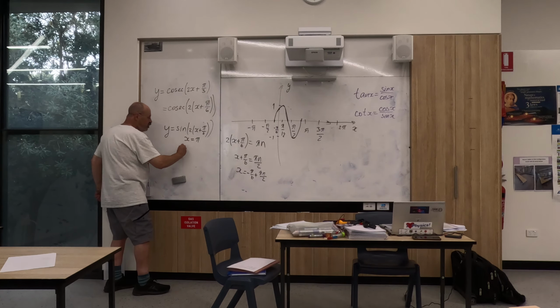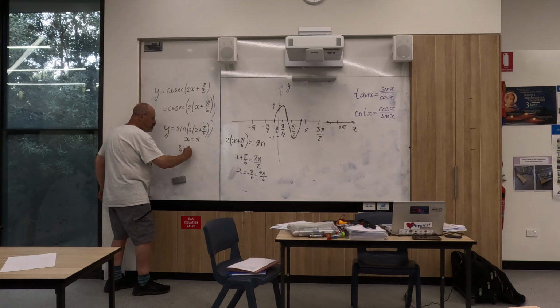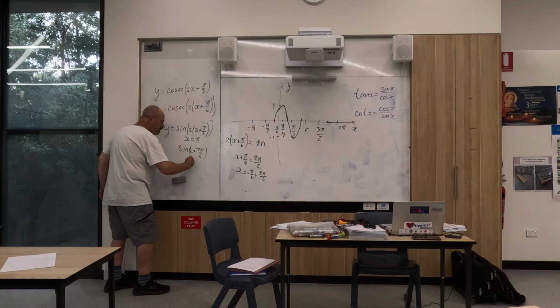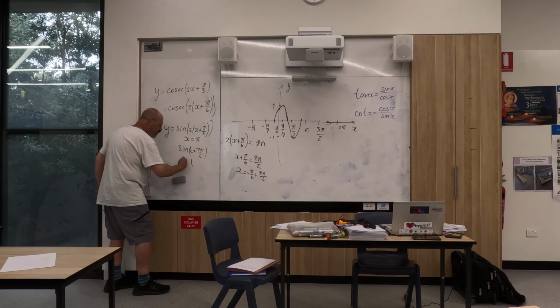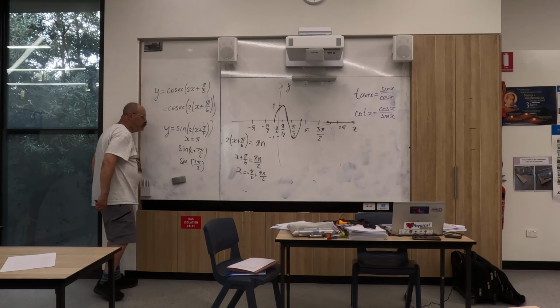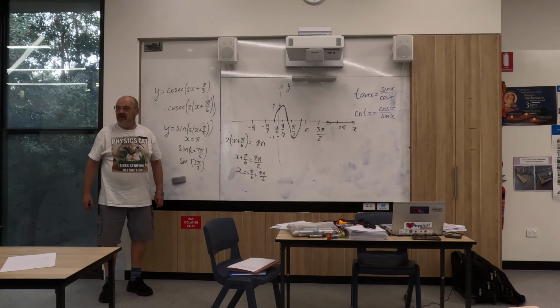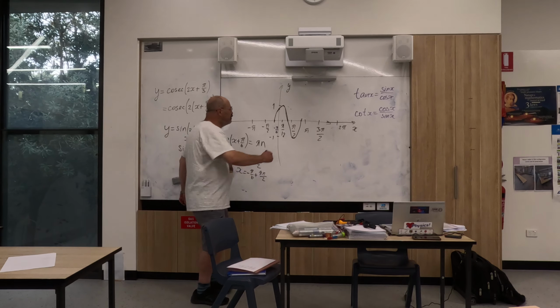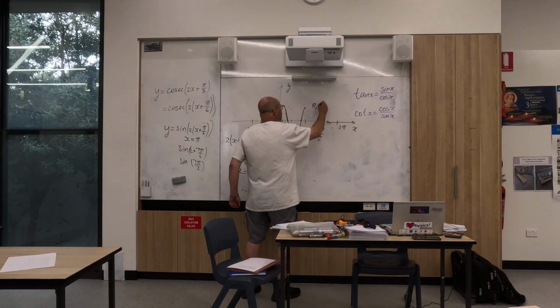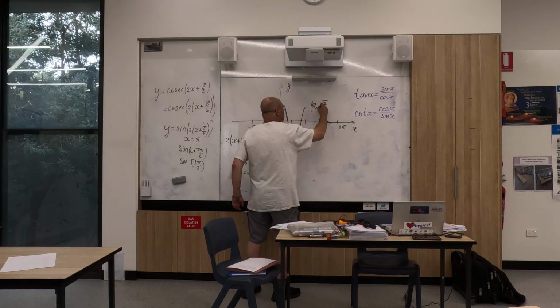We get sine of 2 times 7 pi on 6, which is sine of 7 pi on 3, root 3 on 2. So this is pi, root 3 on 2.